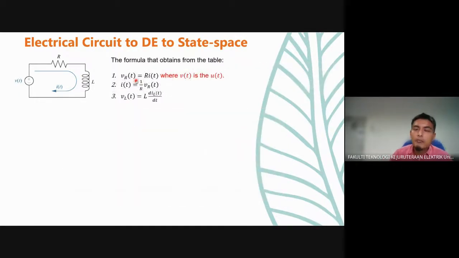This one was already explained during the previous class, so I would like to call on anyone. Faiz Najwan, can you tell me what is the order of the system, based on these three shortlisted formulas?